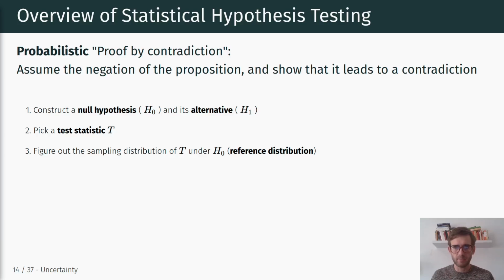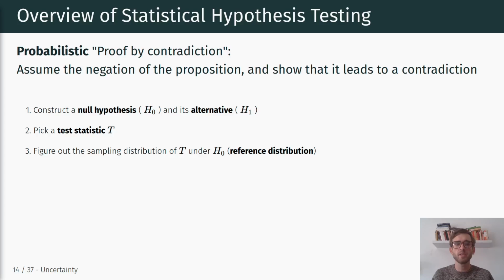Then the next step is we figure out the sampling distribution of T under H0, which is sometimes also referred to as the reference distribution, right? And again, think about this in the context of the previous video where we talked about the sampling distribution as the distribution across repeated data generating processes, right?